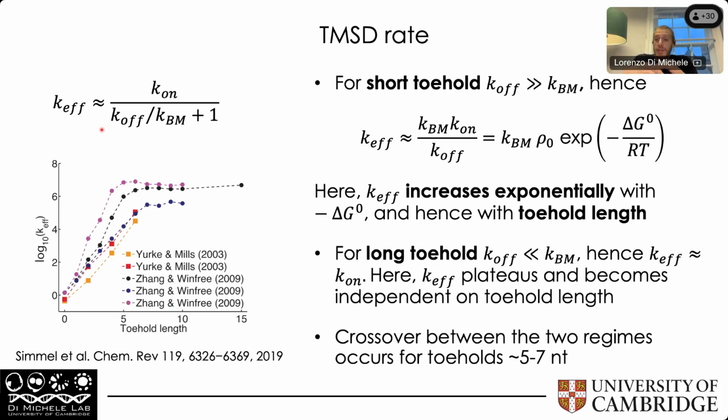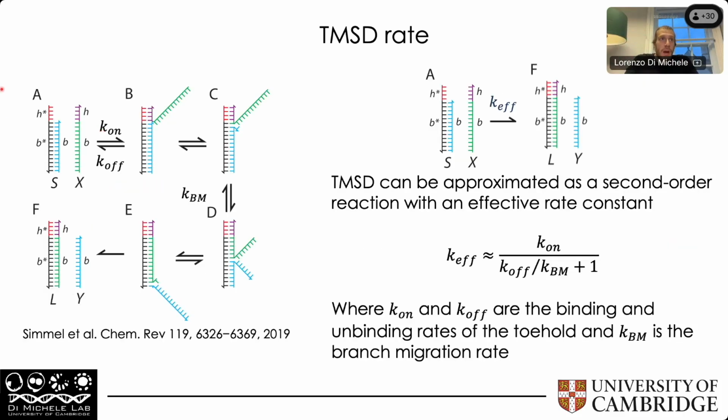And you can change this again by just changing how long the toehold is. You don't have to change how long this duplex X is, or how long the strand Y is. You just change H and H star.